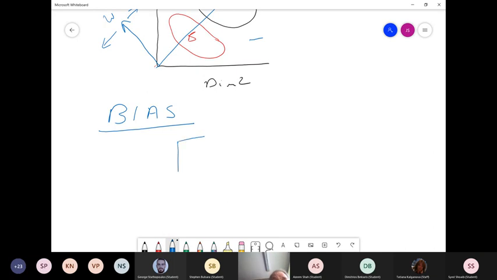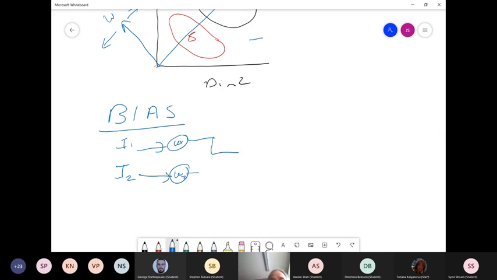Our original neuron model in 2 dimensions was I1 and I2. Here are your weights, W1 and W2.